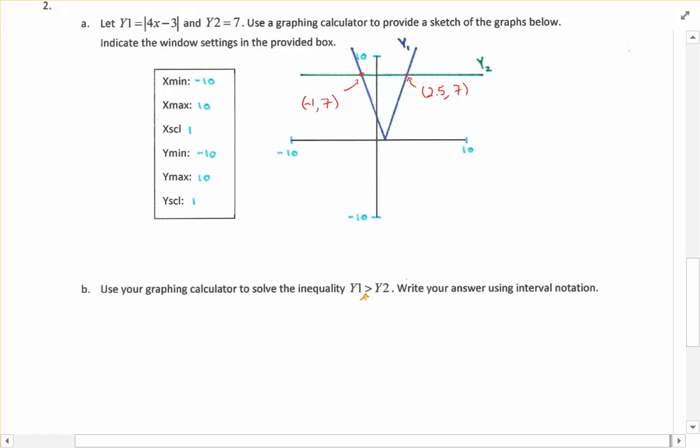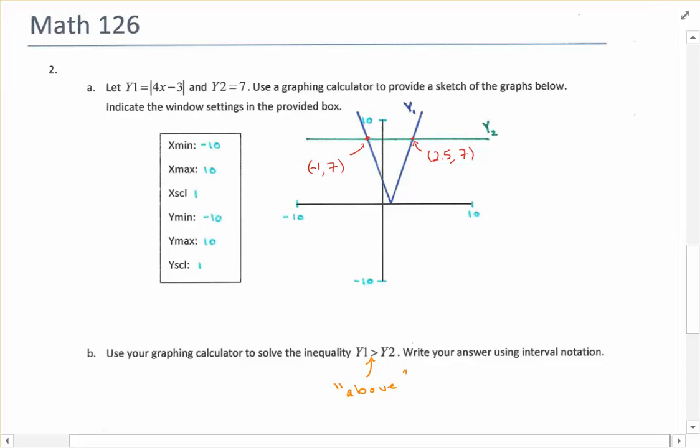The greater than symbol in the graphing situation tells us to find the parts of the graph of y1 that are above any parts of y2. In the last video, this inequality was switched, and it was a less than symbol, and we were interested in the pieces that were under. So if less than corresponds to under, then greater than would actually correspond to above.